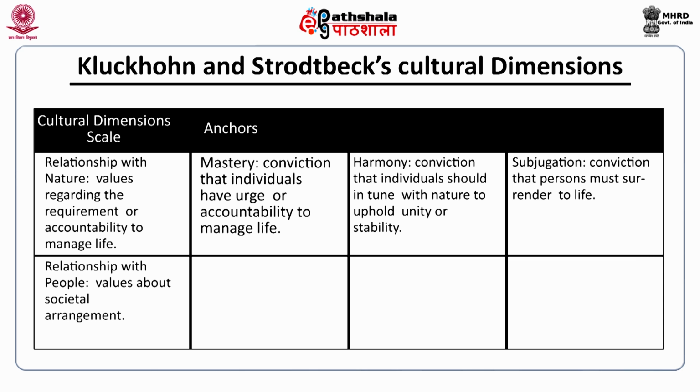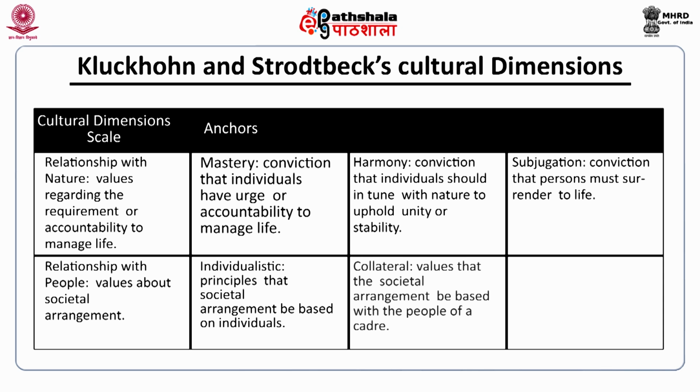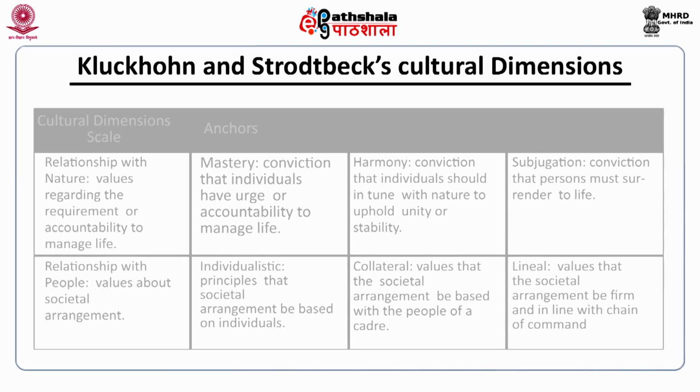Relationship with people, values about societal arrangement; individualistic, principles that societal arrangement be based on the individual; collateral, values that the societal arrangement can be based on people of a cadre; lineal, values that the societal arrangement can be firm and in line with the chain of command.